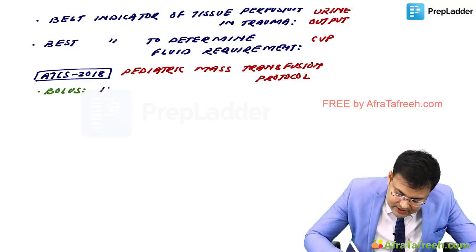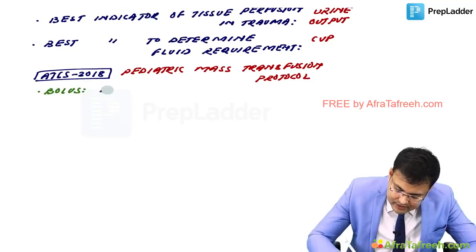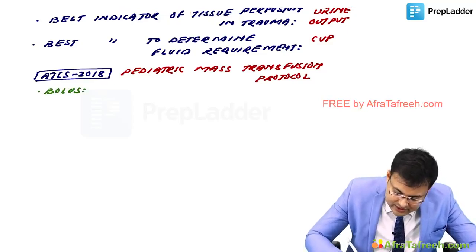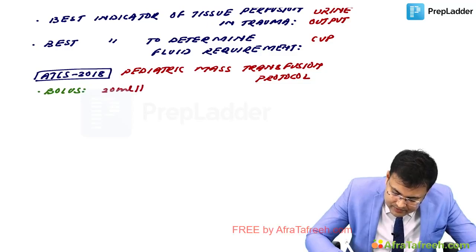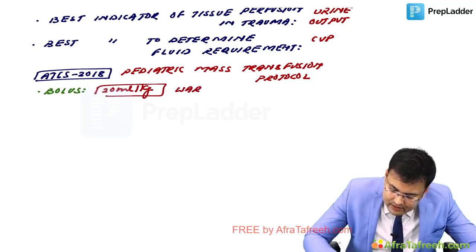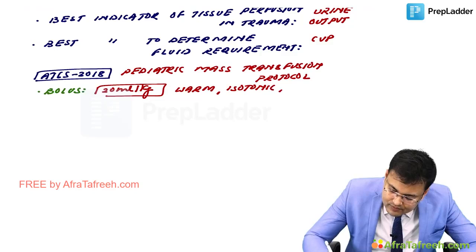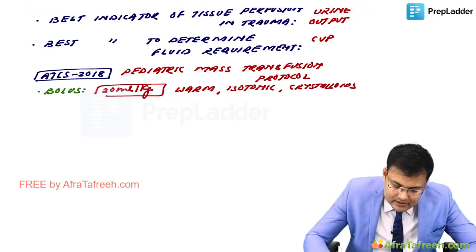So related to this pediatric mass transfusion protocol, first bolus, how much we discussed? It's 20 ml per kg of warm isotonic crystalloids. Clear?